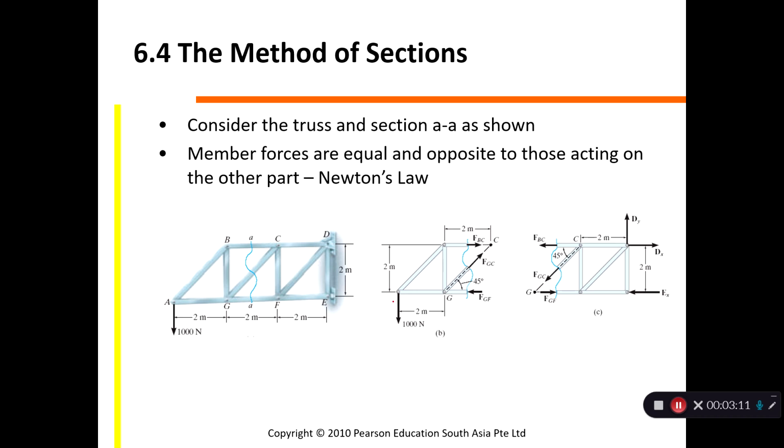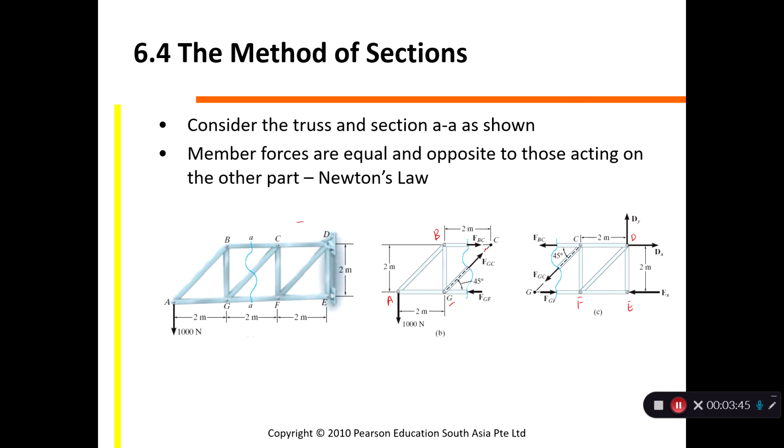So we have A, this is B, this is G. You see that it's halfway cut, so we don't have the full members BC, GC, and GF. On the other side, the right side, we have C, D, E, and F. Similarly, CB, CG, and FG are not in full.